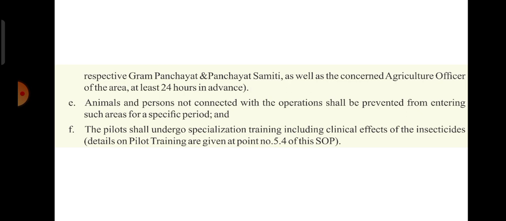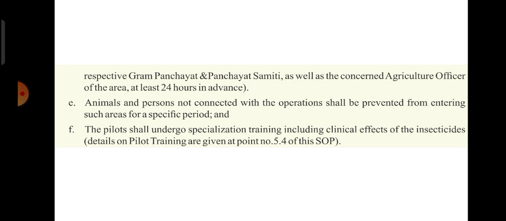Animals and persons not connected with the operations shall be prevented from entering such areas for a specific period, and the pilots, means who are operating those drones, shall undergo specialized training including clinical effects of the insecticides.